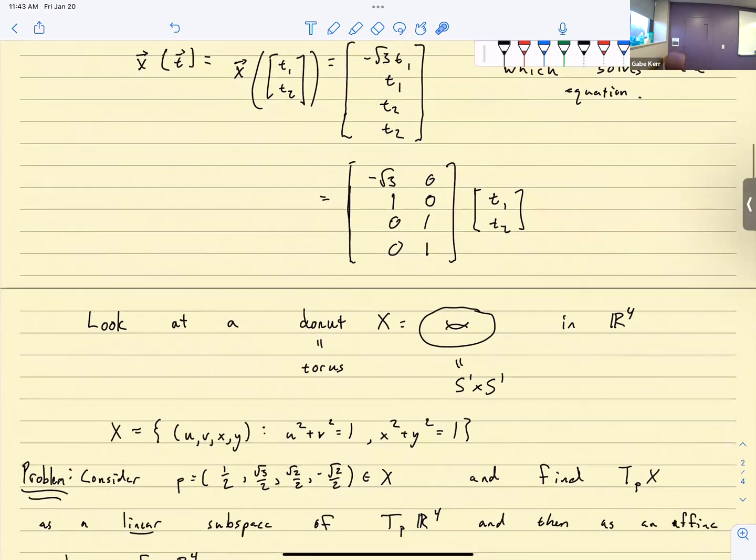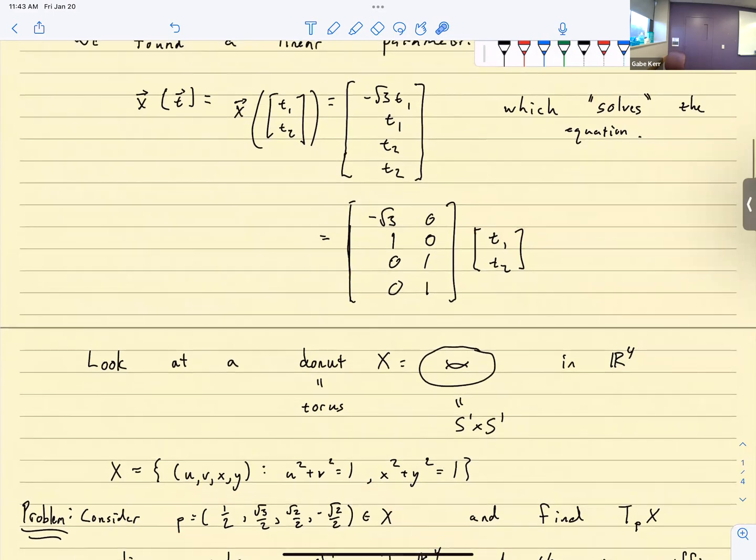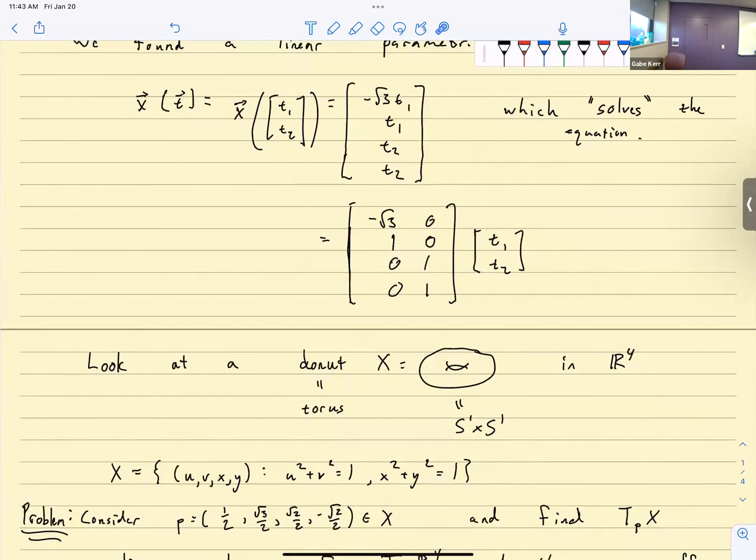Okay, so now I want to consider a particular point on this torus. I want to consider a single point on this space, and I want to find its tangent space. The donut, the torus, is nonlinear, right? It's not a linear space, it's not a vector space.